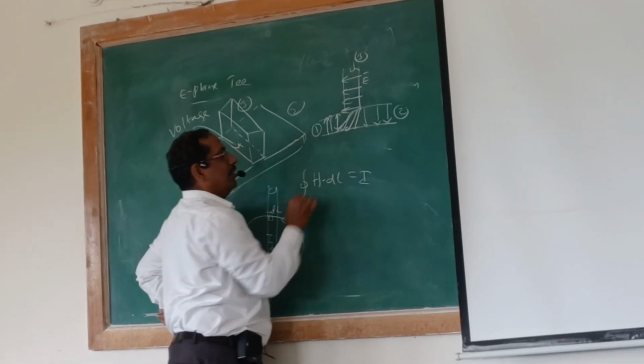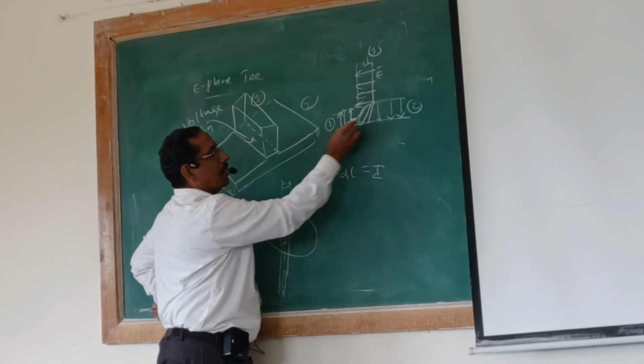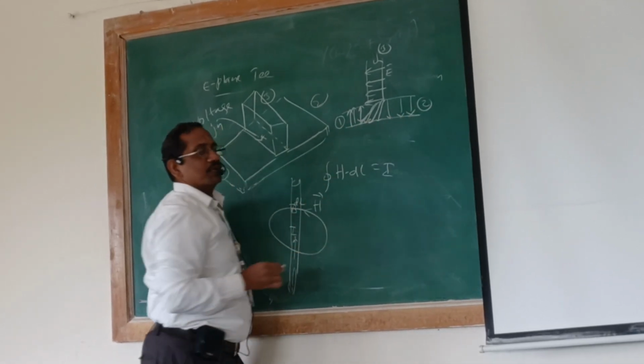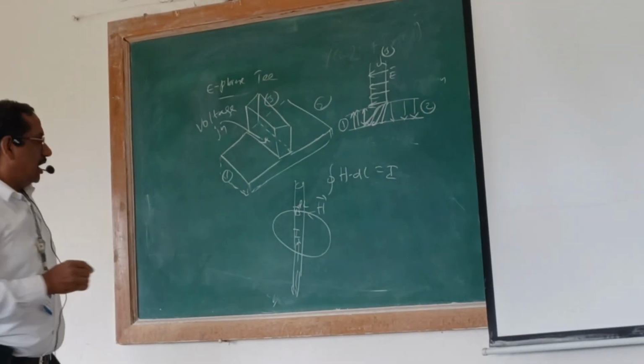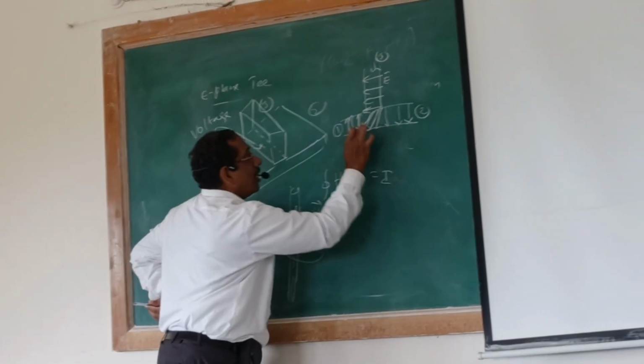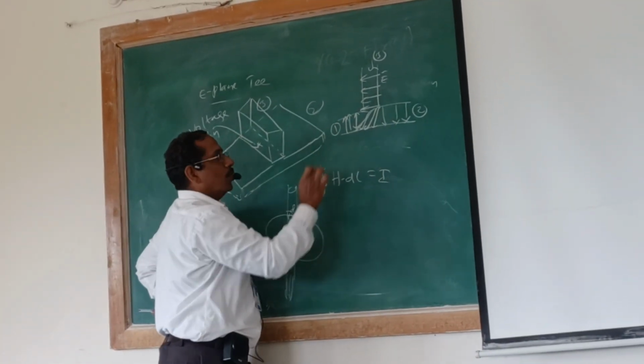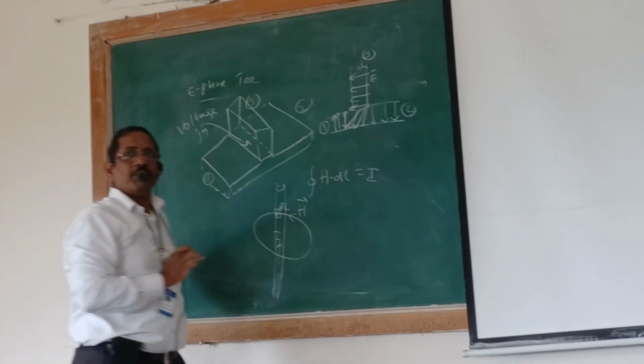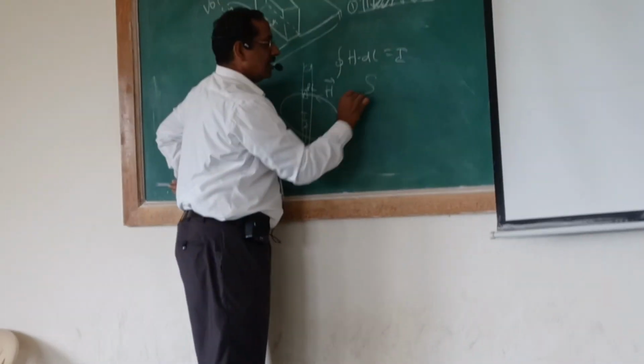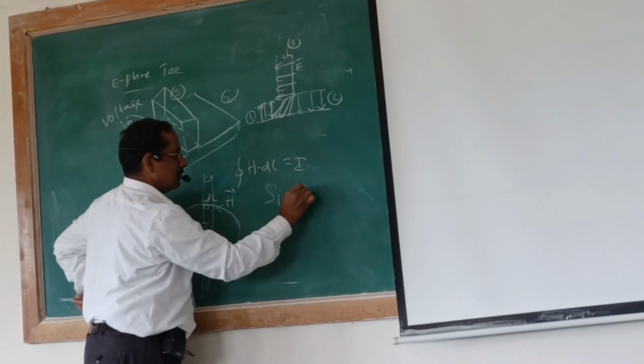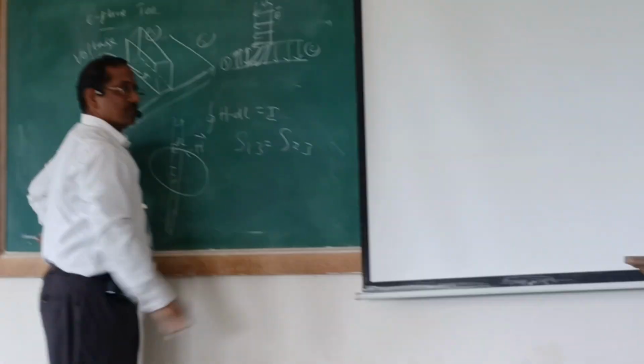Now, see this carefully. The electric field lines are opposite from one end to the two ports. That means if you apply input at port 3, what output are you going to get from port 1 and port 2? It is something like S31 is equal to S32.